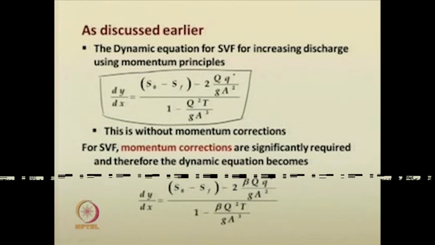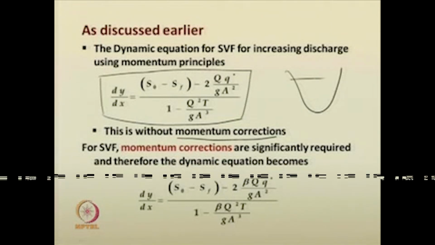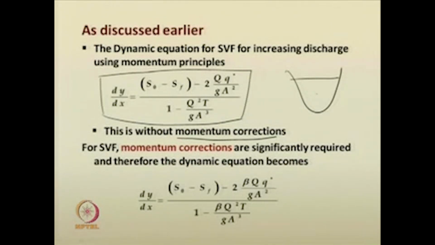If you look closely, this has been given without the momentum corrections applied to the cross section. For any cross section, we have taken the average velocity across the cross section as a parameter, and whatever correction for the momentum is there was not incorporated.